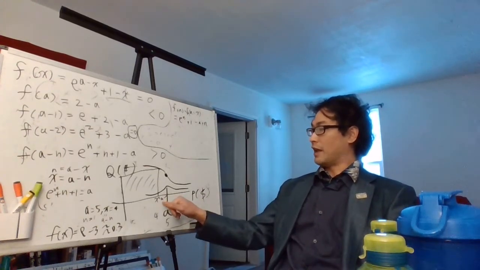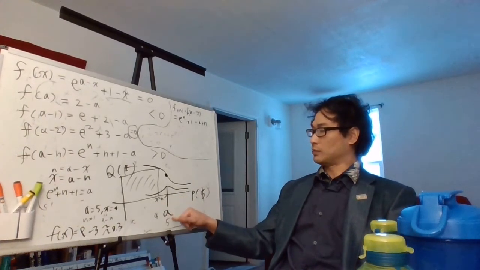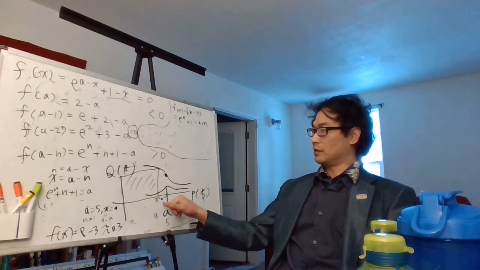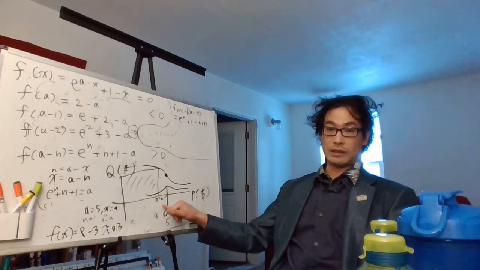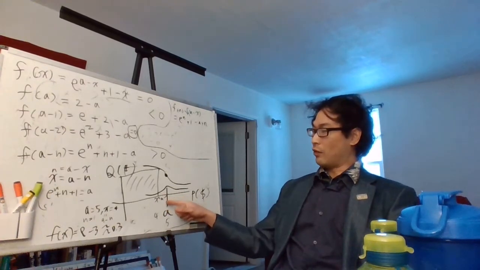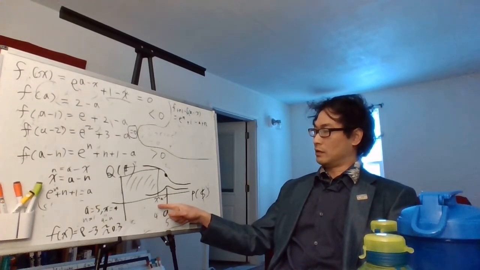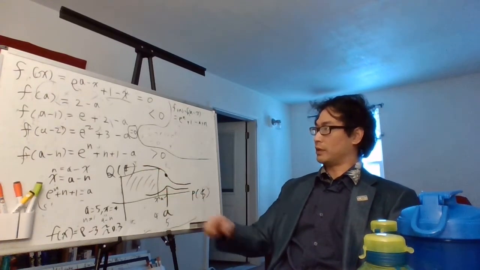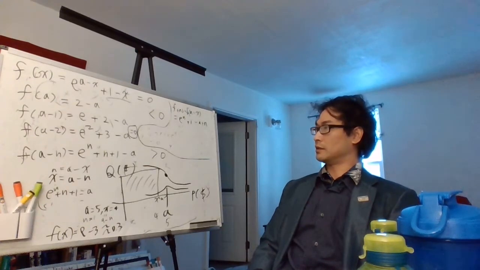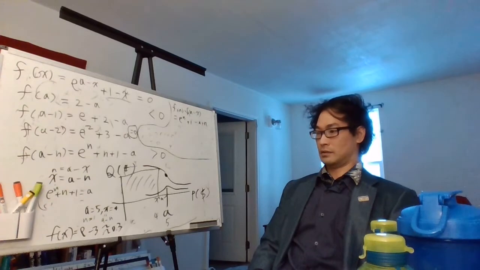I want to find this n, all right? I want to express this n in terms of a. I think it could be either a function of a or even a constant, all right? How far away x should be from a to make this maximization point.